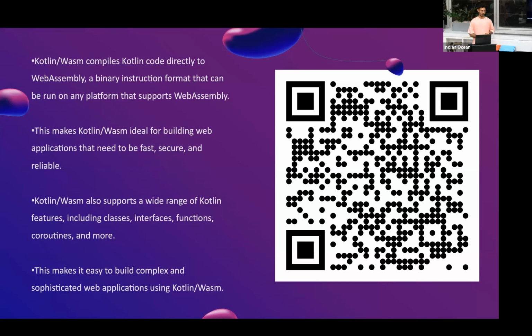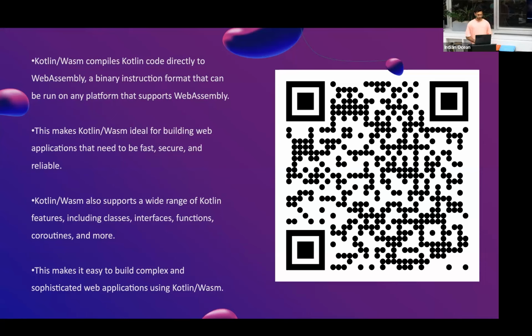Chrome, Safari, and Firefox can now directly execute machine level and binary code, which is a huge achievement and another step up for browsers running this kind of task. This makes Kotlin WASM ideal for building web applications that need to be fast, secure, and reliable. How they can be fast, I'll come to that later.